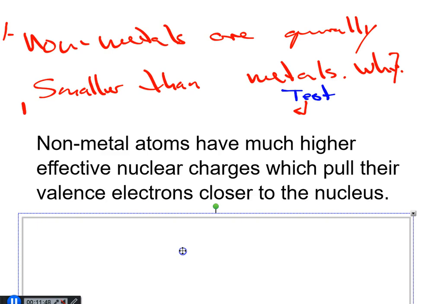All right. Here's a 5-point answer. Nonmetal atoms have much higher effective nuclear charges, which pull their valence electrons closer to the nucleus. Yeah, because it goes back to that very first couple minutes.